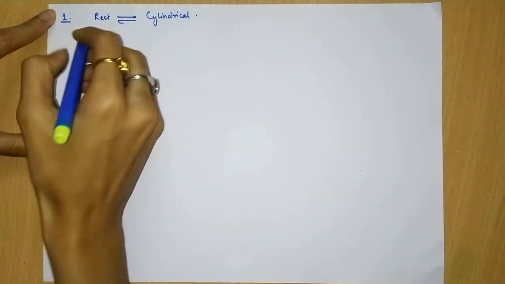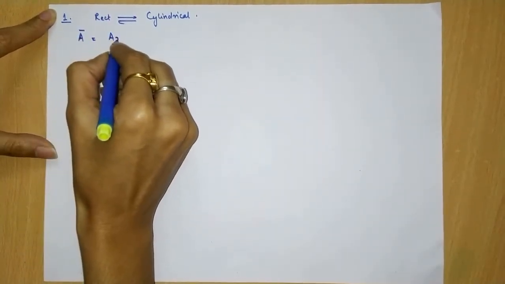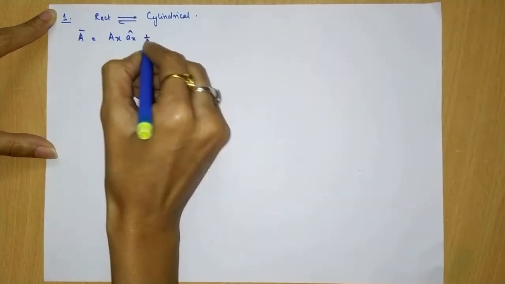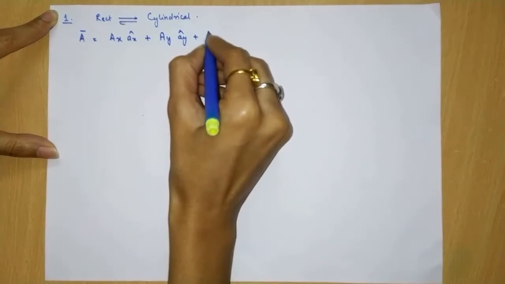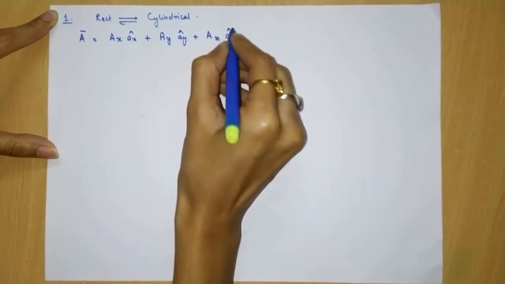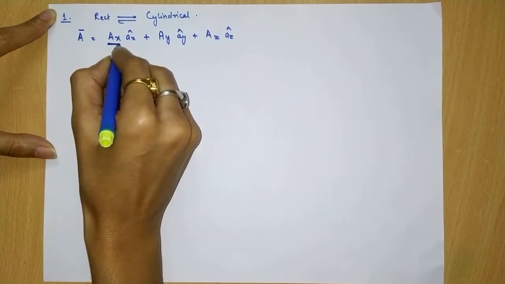In rectangular coordinates, we represent any vector A as Ax x cap plus Ay y cap plus Az z cap. Ax represents the length of the vector along x-axis.